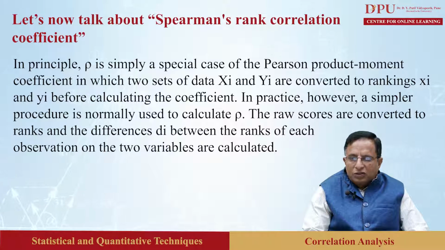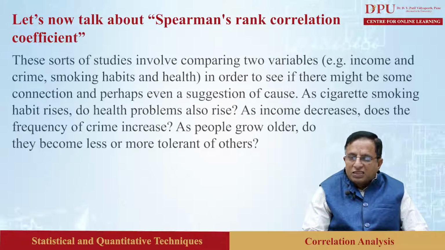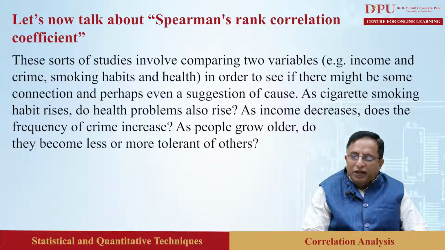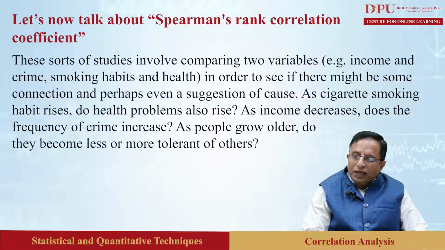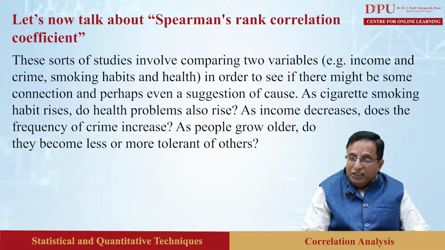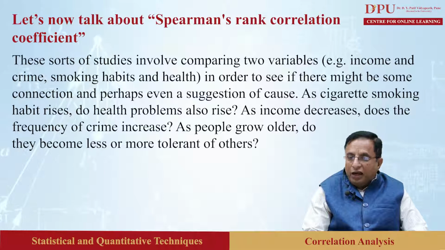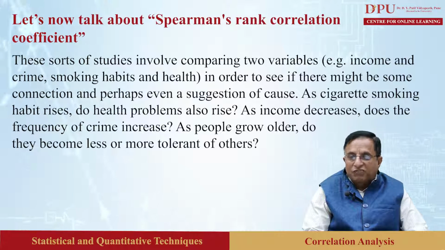The raw scores are converted to ranks, and the differences di between the ranks of each observation on the two variables are calculated. These sorts of studies involve comparing two variables, for example income and crime, smoking habit and health, in order to see if there might be some connection and perhaps even a suggestion of cause.